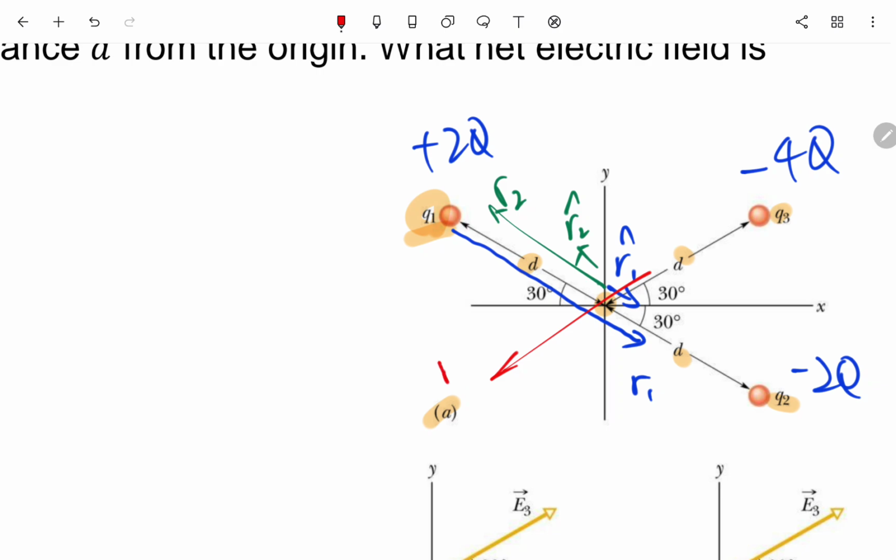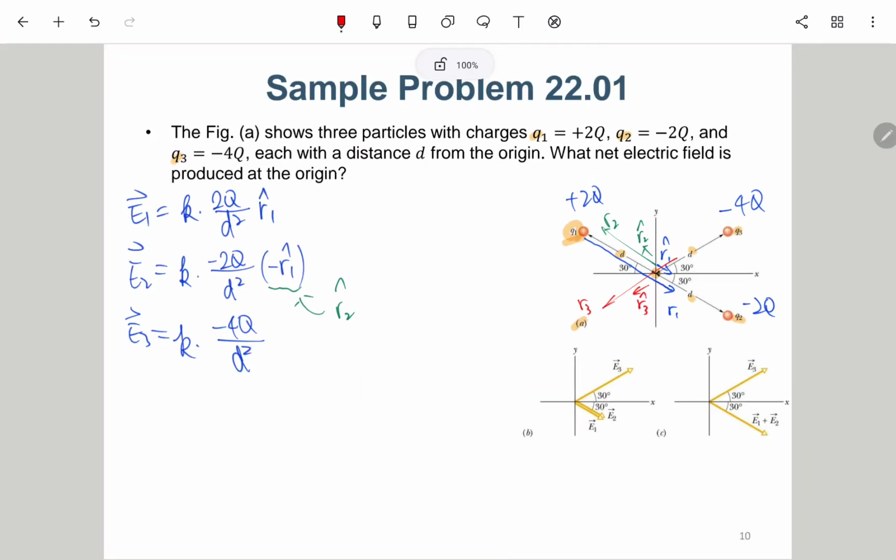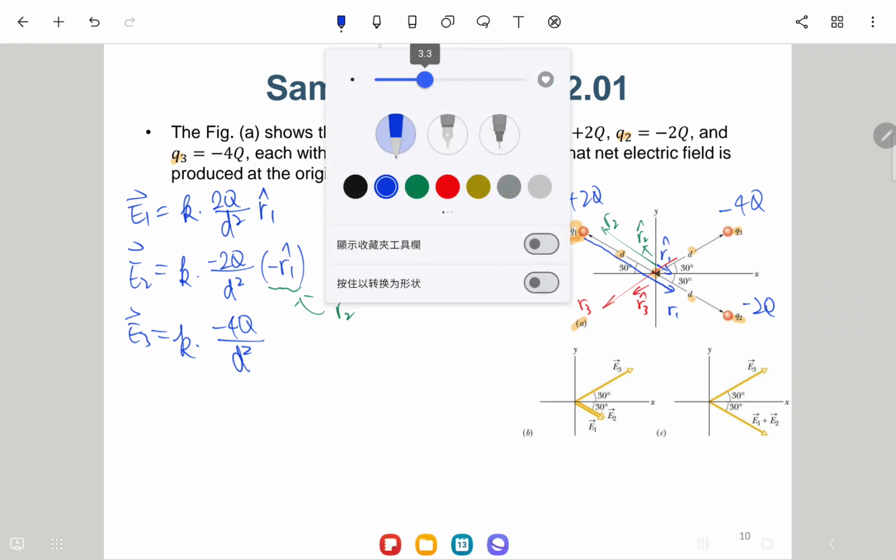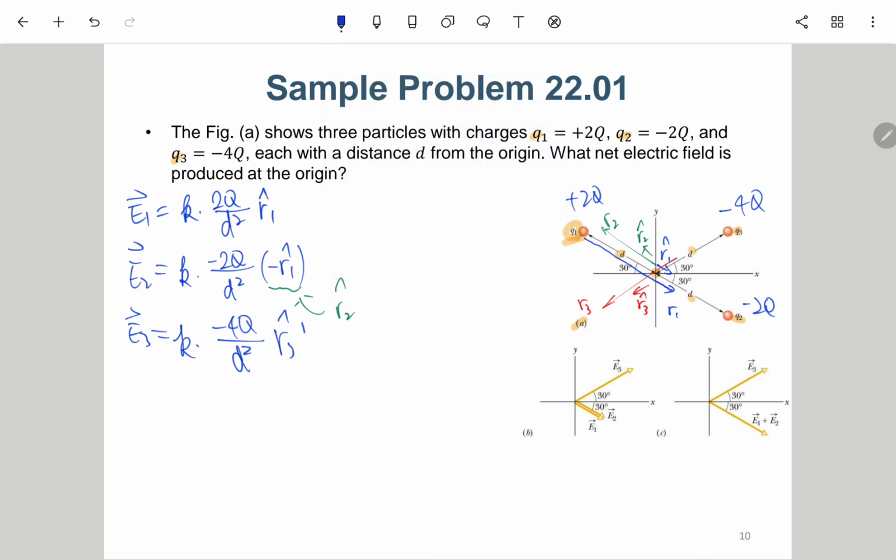So the axis R3 is pointing to the bottom left, and so R3 hat is also pointing to the bottom left. So this is actually R3 hat. No, we don't need this parenthesis.